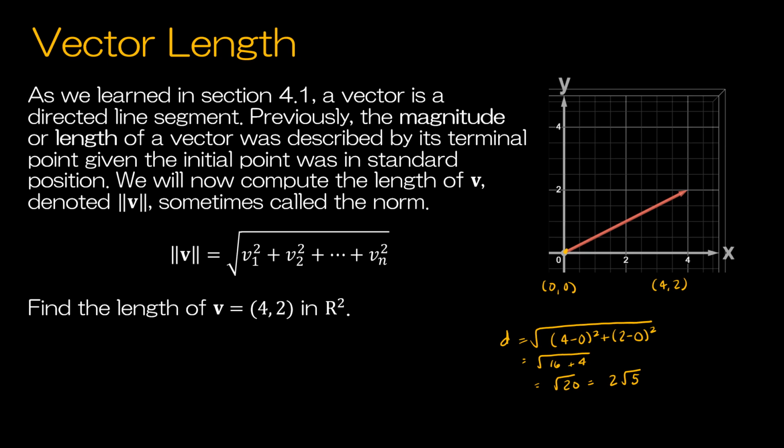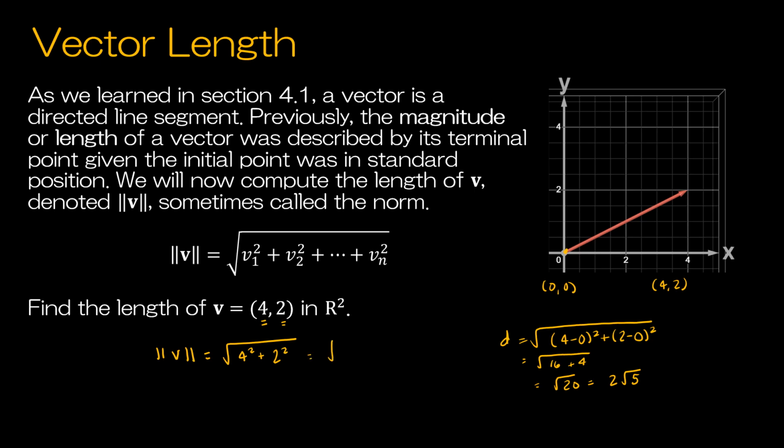Now let's take a look at the length using this new formula for the length of a vector. So this tells us that the length or magnitude or norm of v, our vector, can be found by taking the first value in our ordered pair or ordered triple, etc., square it, add the second one squared, and if there were more, we would continue.